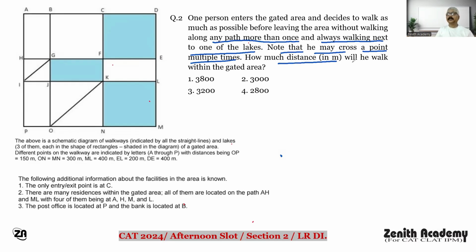How much distance will he walk within the gated area? The important point is he cannot walk along any path more than once, while he can visit a particular point multiple times, and he always walks next to one of the lakes.